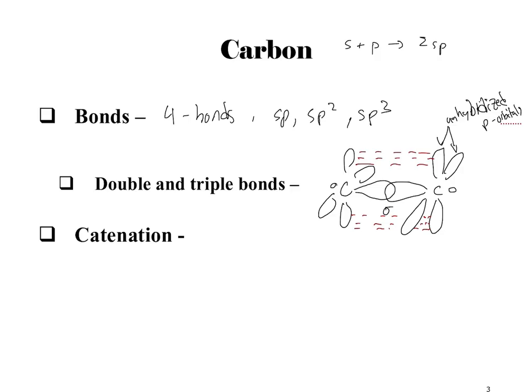And those form a chemical bond the same way sp orbitals overlapping do. Unhybridized p orbitals overlapping, if they have the same parity, electron density, then they can form another bond with each other. So this is the mechanism by which carbon forms double and triple bonds.